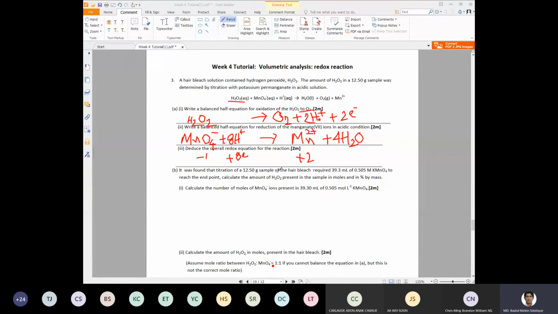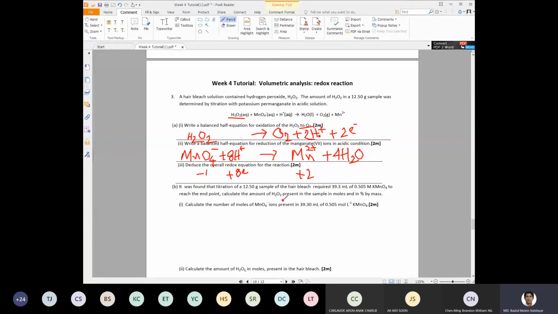Altogether we see that the deficiency of electrons on this side is two electrons, right? Now you see that this is the negative 1 charge, and this arrow, or maybe we can consider it an equal sign.